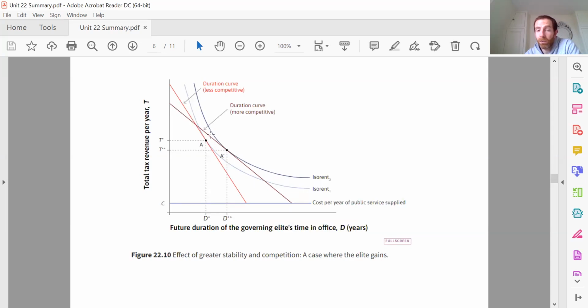And so our duration curve keeps getting shallower and shallower because there's so much competition. It gets so shallow that it becomes horizontal. Horizontal meaning that the tax revenue being collected is equal to the cost of the public services. So there is no political rent being collected. And that actually means that the duration a party could potentially spend in power is kind of infinite.